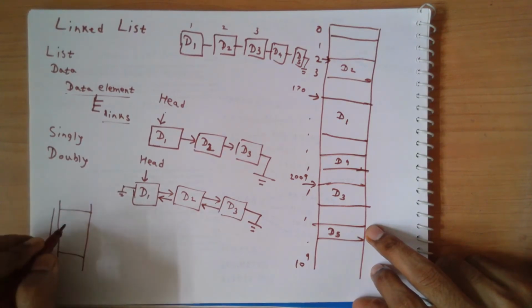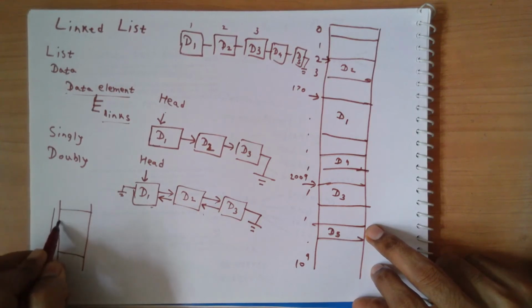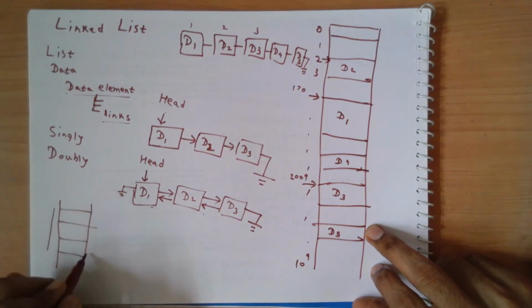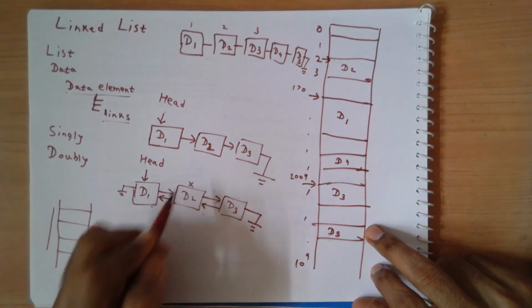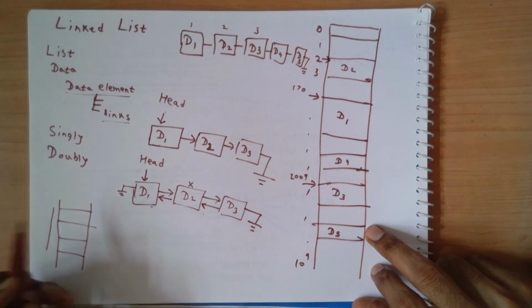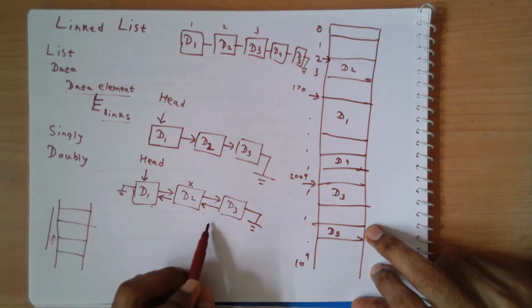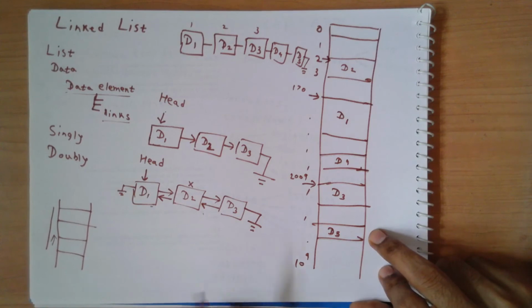Okay, so currently I have created a list of 3 elements. If I create an array with 3 elements, those 3 elements were one after the other. Okay? So in this list, if I delete D2 and then I want to compress the list, it is far easier as compared to deleting an element from an array. In that case, I have to shift and overwrite every other element. Here that is not required. All I need to do is change a few pointers and it can be achieved.